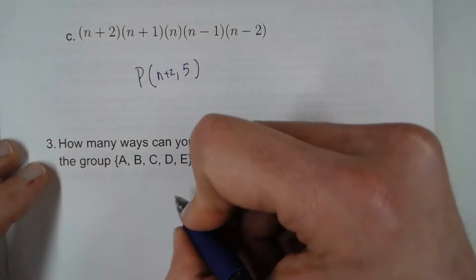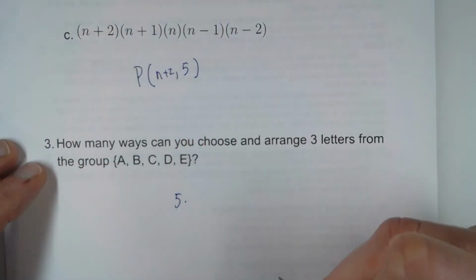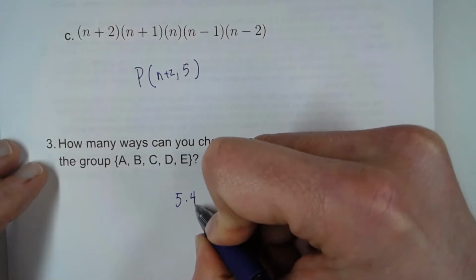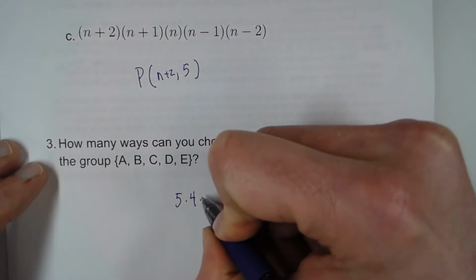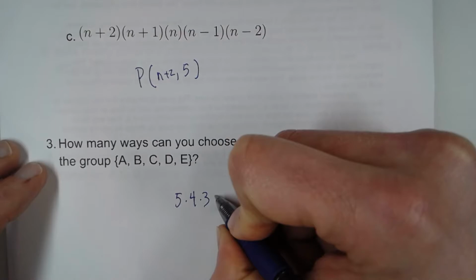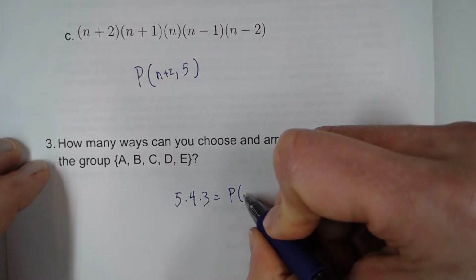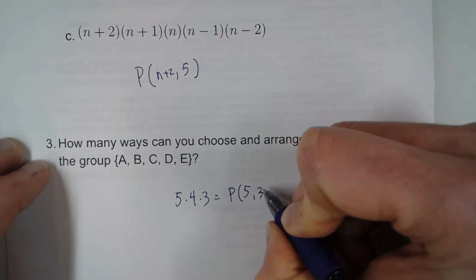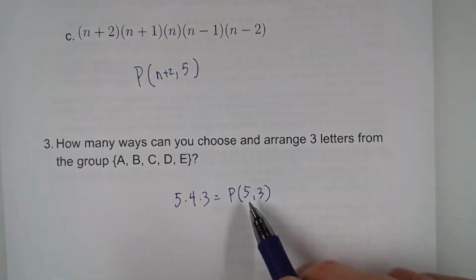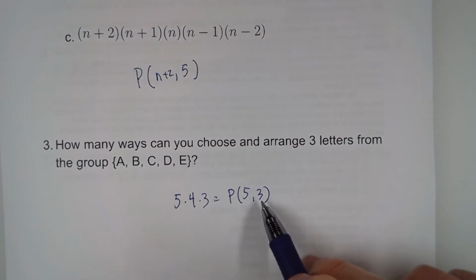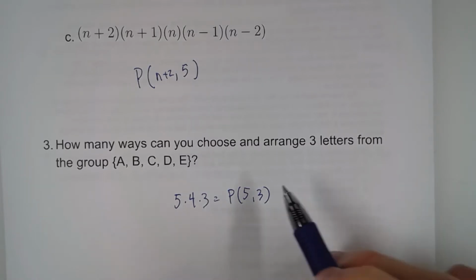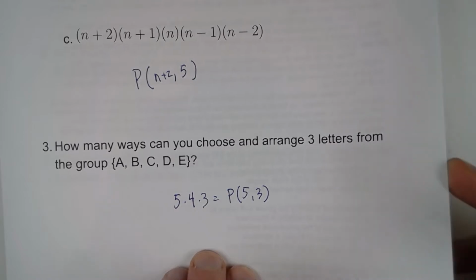So that means that there's 5 letters for the first, but then there's 4 available letters for the second, and then 3 for the third. And so this is the same as P 5, comma 3, because here's how many we have to choose from, and here's how many we actually pick and put in order. So P5, 3.